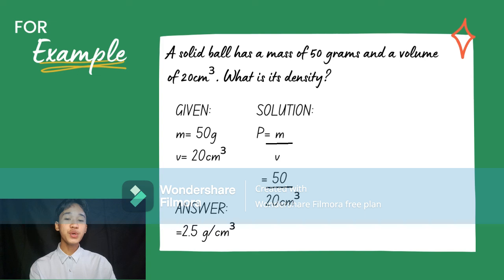The next step is to substitute the given values for m and v, so we have 50 grams and 20 cubic centimeters. Let us divide: 50 grams over 20 cubic centimeters is equal to 2.5. So the density of the solid ball is 2.5 grams per cubic centimeter.